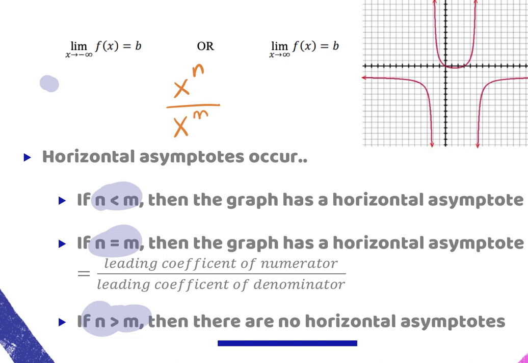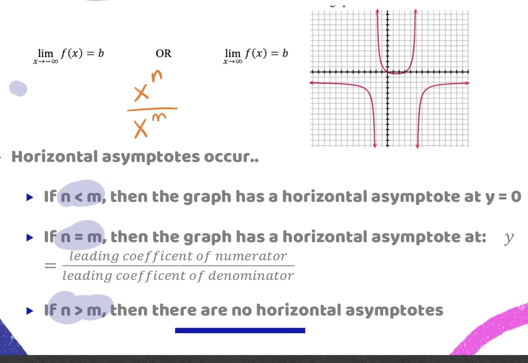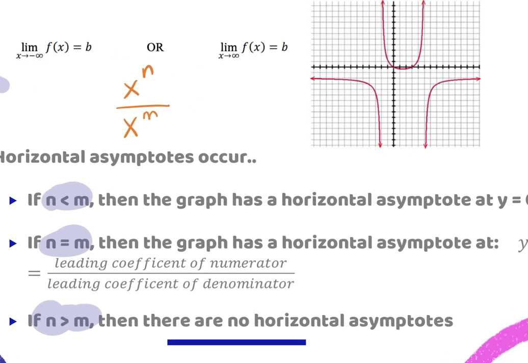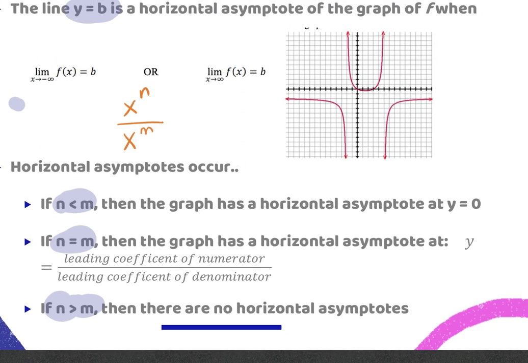If n is less than m, then it has a horizontal asymptote at y equals 0. If you look back on that last example, the one in the numerator was less than the one in the denominator. It had an asymptote at y equals 0.